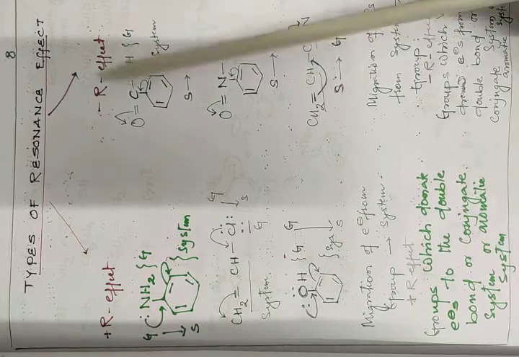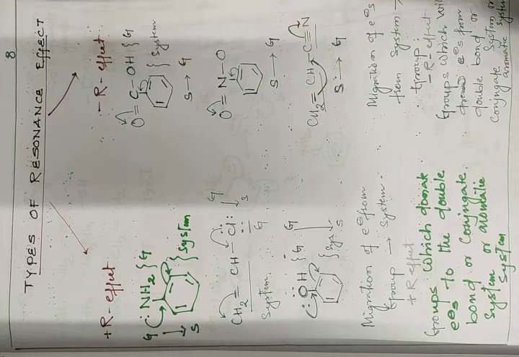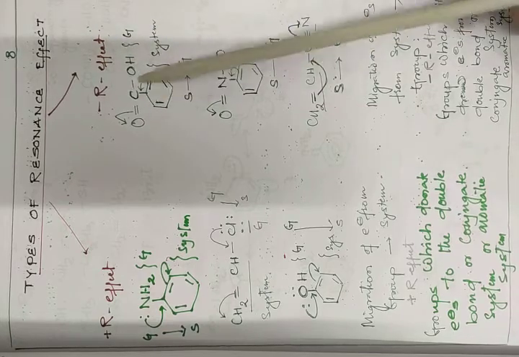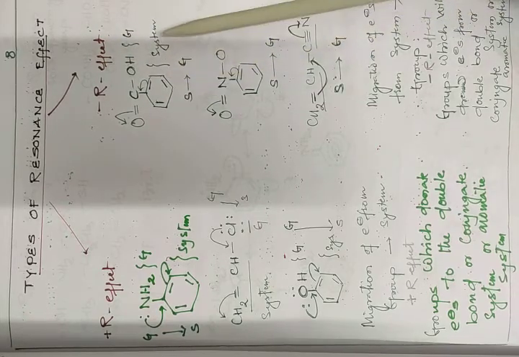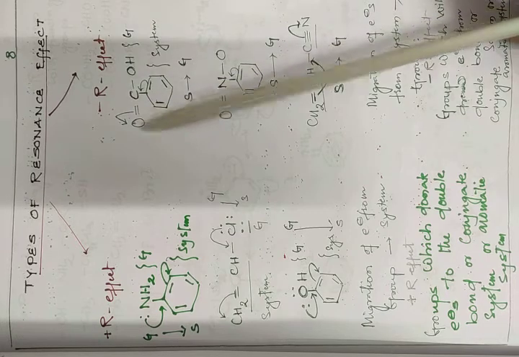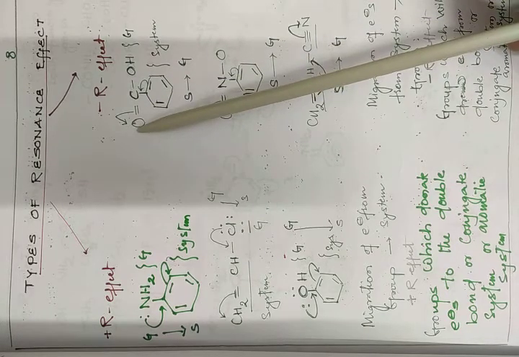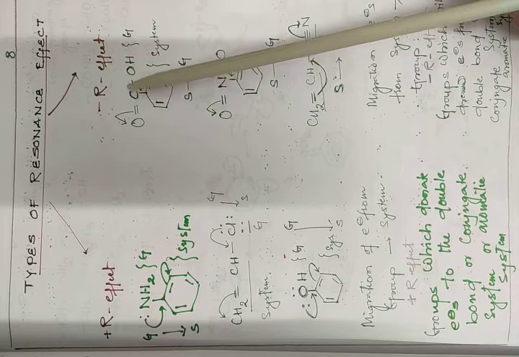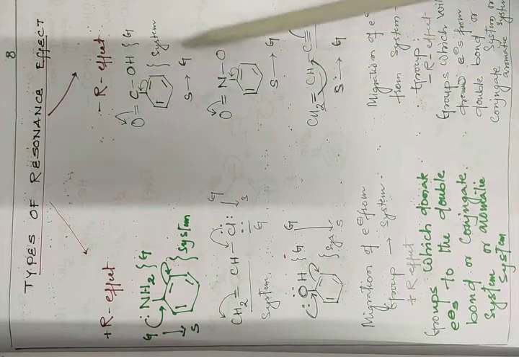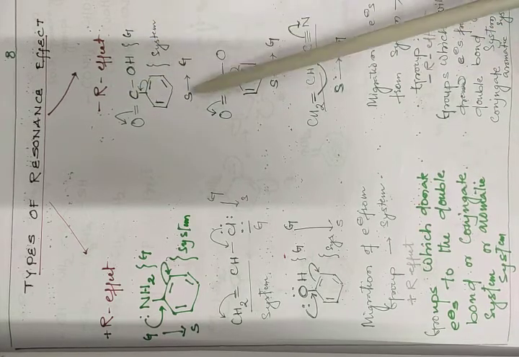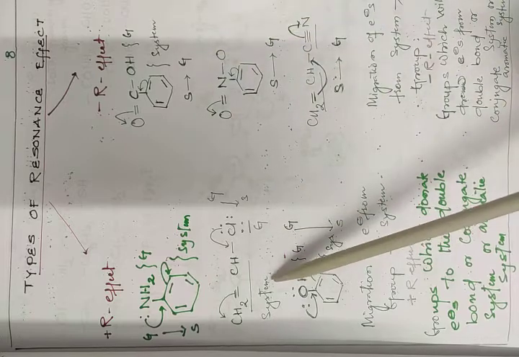Now next is the minus R effect. In the minus R effect, this one is the group and this one is the benzene system. Now it is given to here, the negative charge will be carried on oxygen, and the positive charge will come here. So that means the migration of electrons is from system to group, whereas before it was group to system.